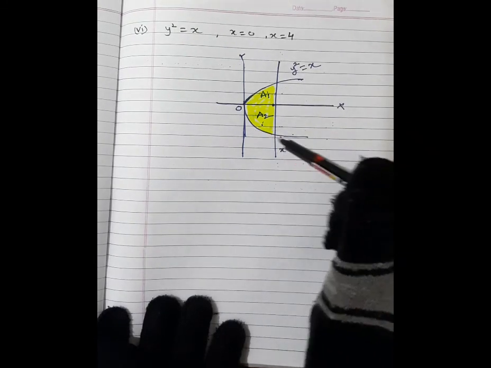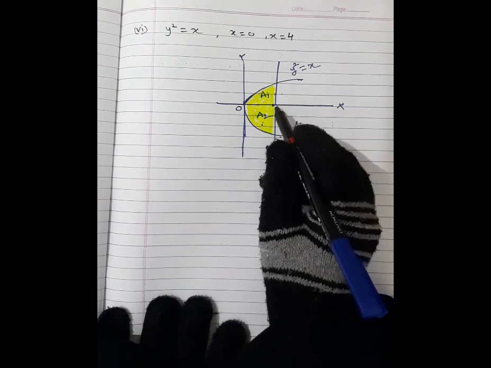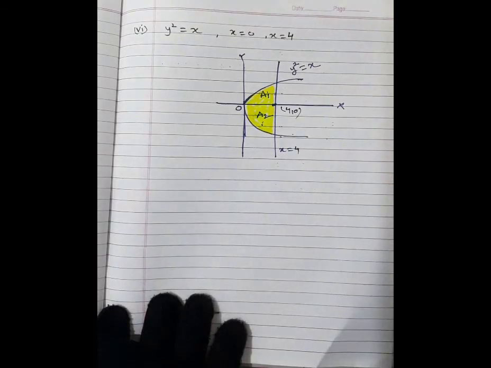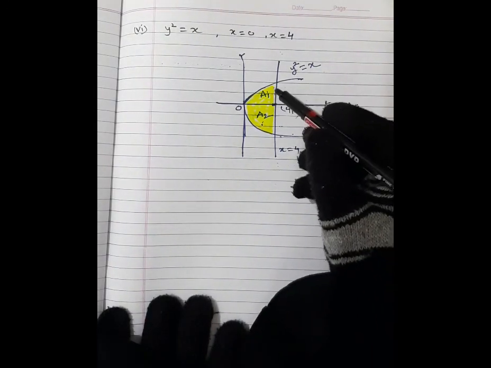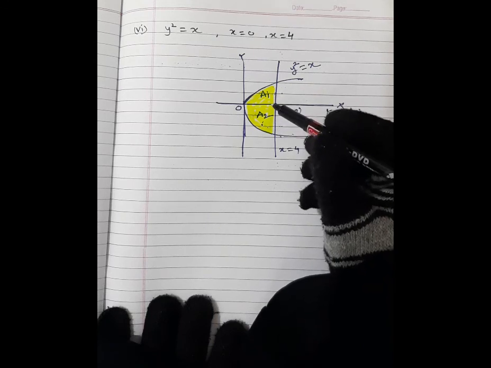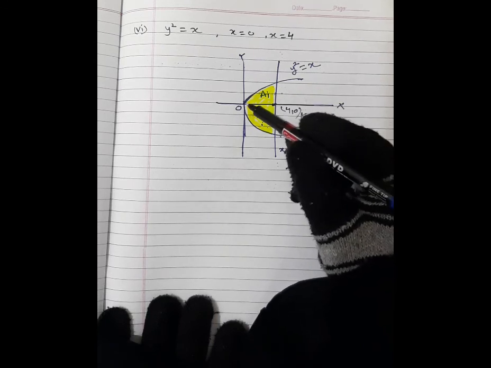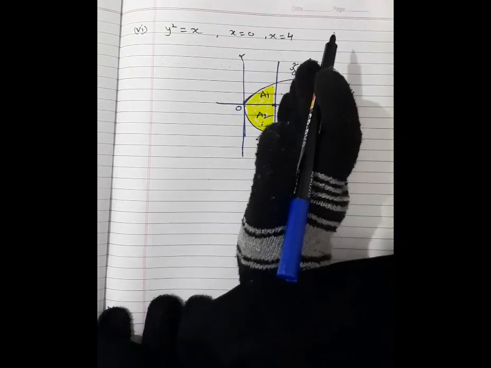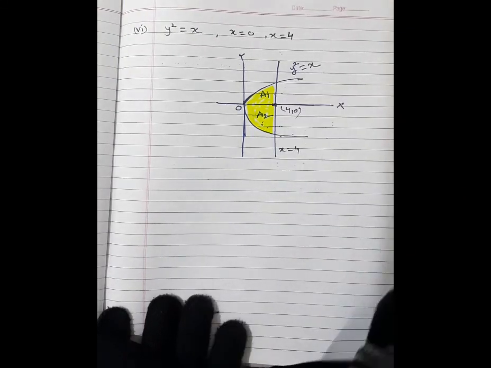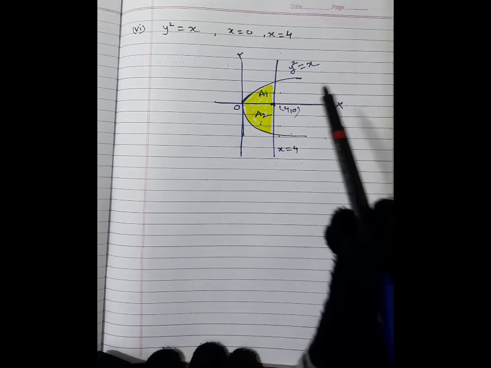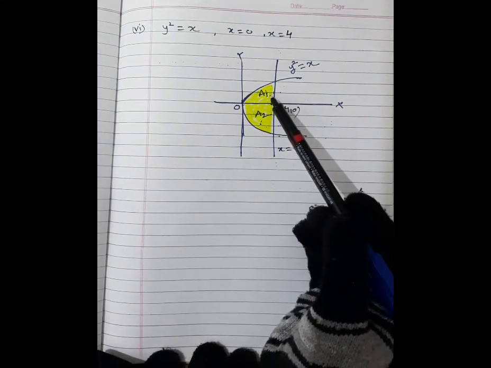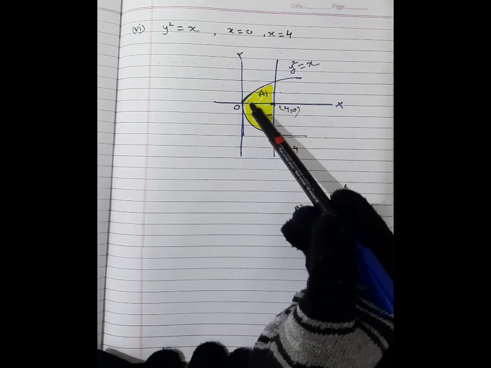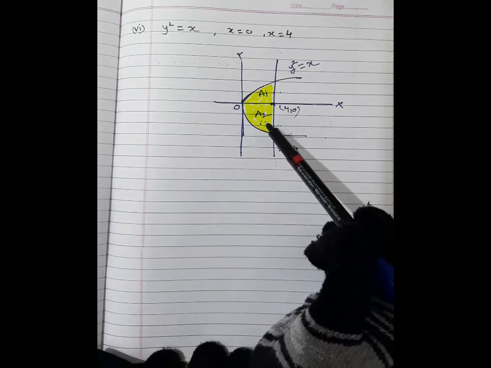Students, this is the equation of the parabola, and this point x is equal to 4 means 4 comma 0. So here, students, the upper part and lower part are both the same, because our line x is equal to 4 is equidistant. So here what is our bounded region? A1 plus A2. Whenever we add these two areas, we get the area of our shaded portion.